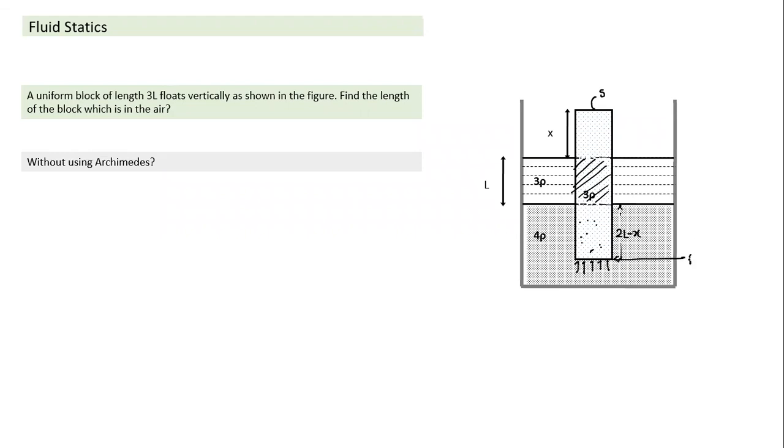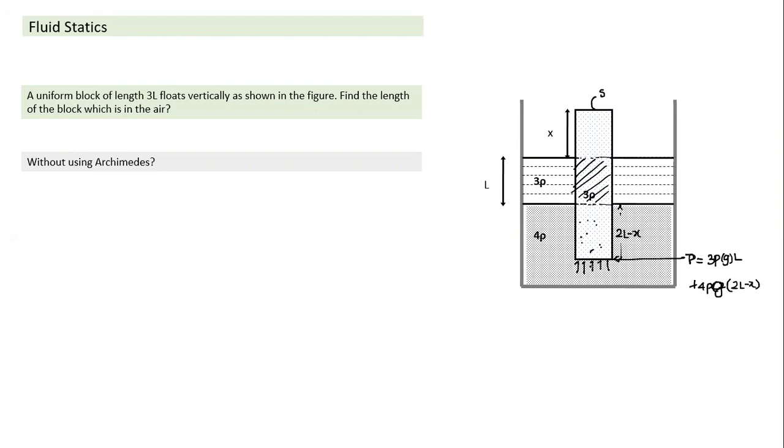Taking only the gauge pressure, because atmospheric pressure is acting on top also, the pressure will be the increase from here to here, 3 rho g L, plus the increase from here, 4 rho g (2L minus x). That's the pressure at the bottom.